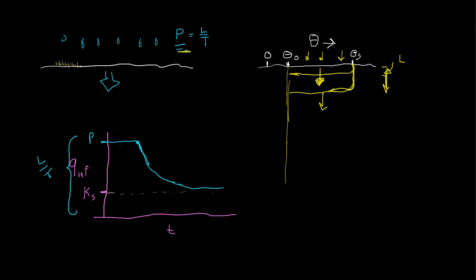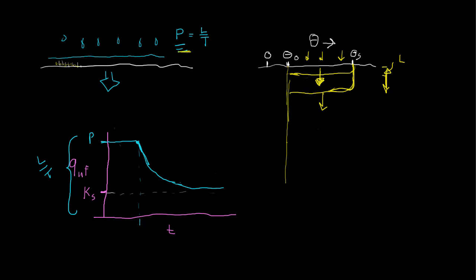Now, if water can't flow downward as fast as it's accumulating on the top, what's going to happen? Well, from this time onward, right there, we're going to start to see water accumulating on the surface, right? Because it can't infiltrate into the soil fast enough to keep water from backing up on the surface.